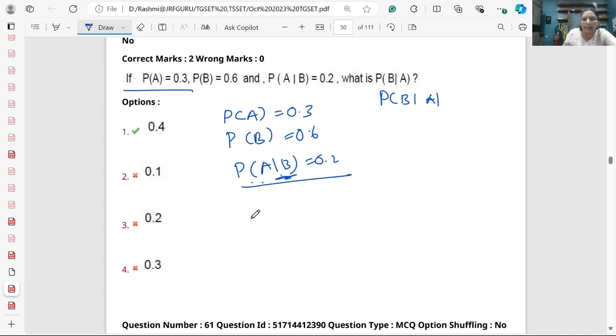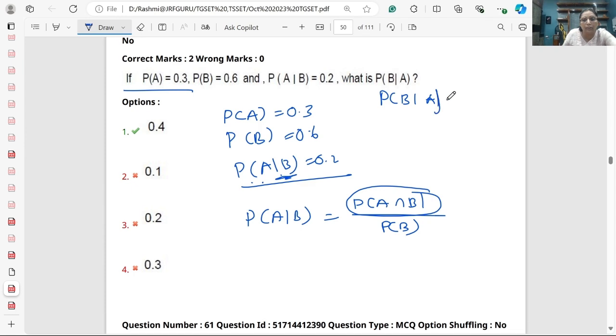So we know that the probability of A when B is given, the formula will be probability of A intersection B divided by probability of B. So I have to find out the value of probability of A intersection B.